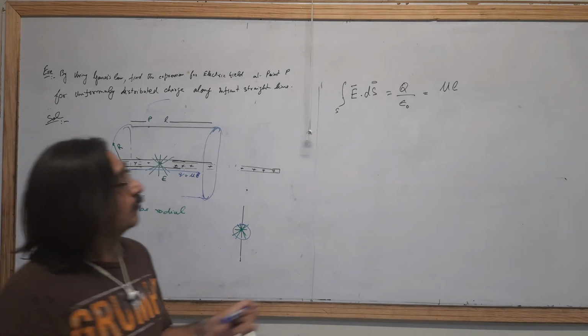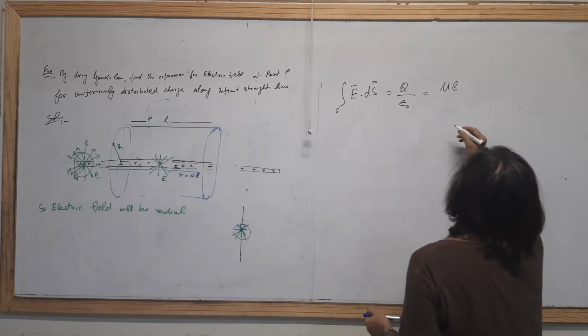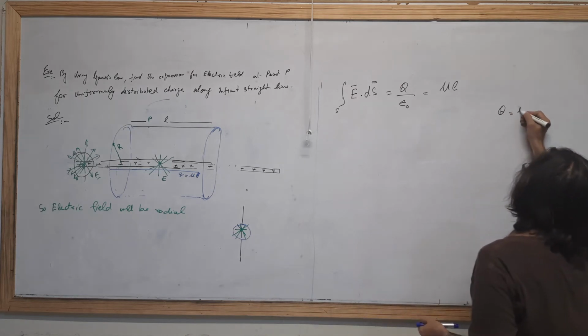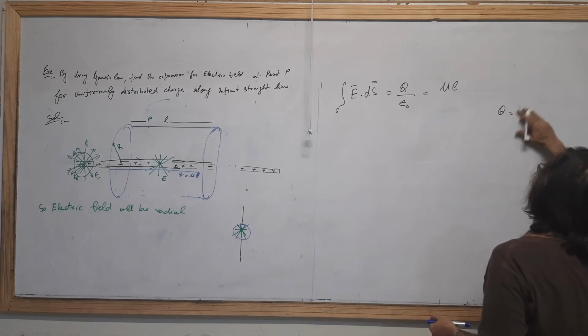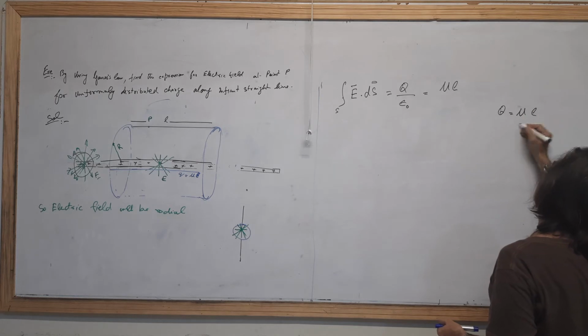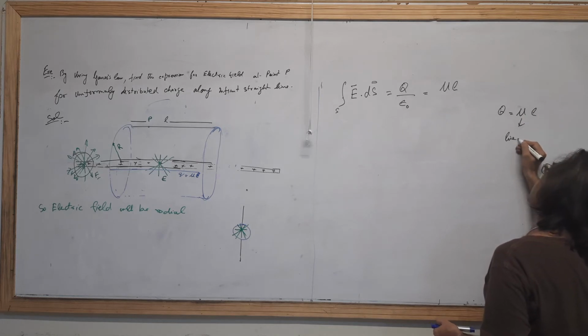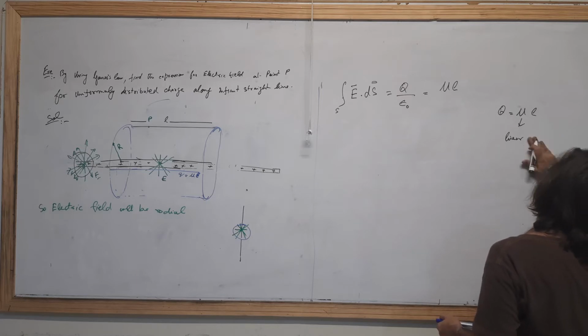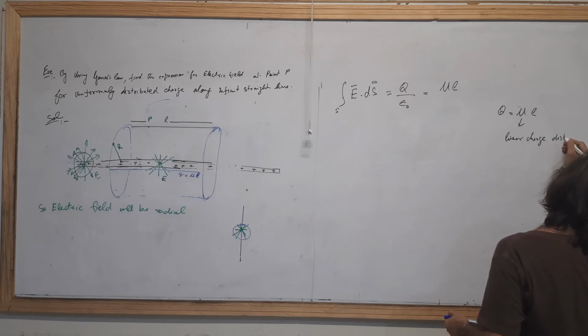So Q is equal to mu L. Mu is linear charge distribution.